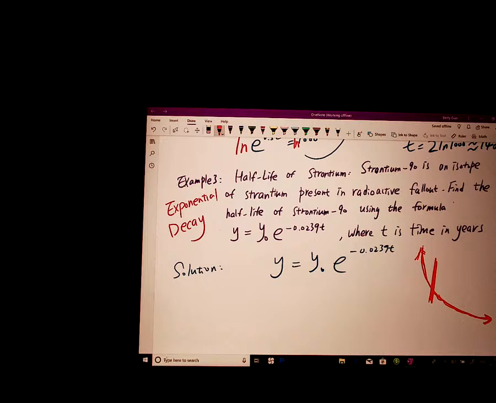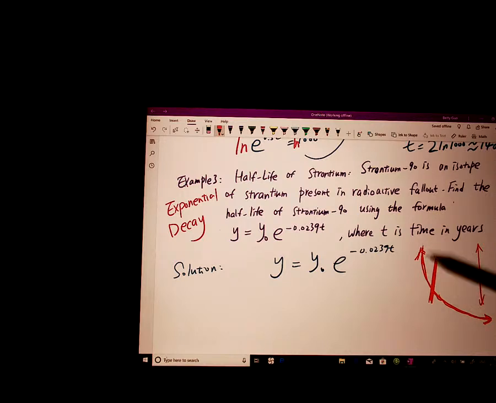Half-life is definitely not half of the lifetime. That is a misunderstanding. It would be shorter than half of the lifetime, because it's not linear. If it's linear, yes, half of the lifetime. It's exponential decay.